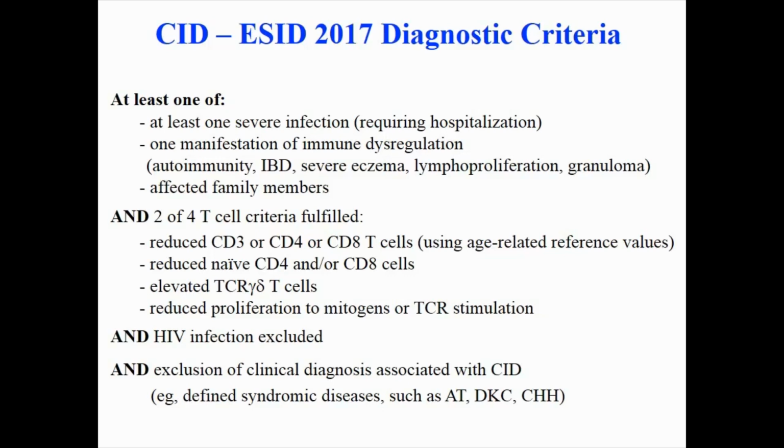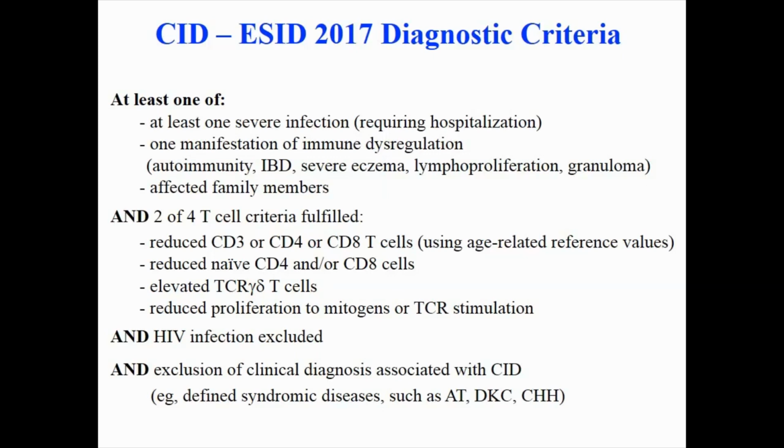And here we are, again, with T cells. And so, low number of CD3, which is total T cells, or CD4 or CD8. So you see this is much more relaxed than the criteria that we use for SCID, typical and atypical. It doesn't say variable, it says reduced. It doesn't say less than 300, up to 500. It's actually reduced.